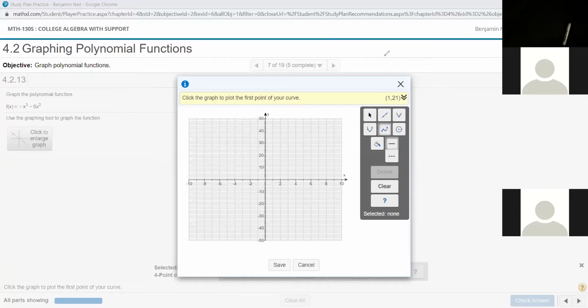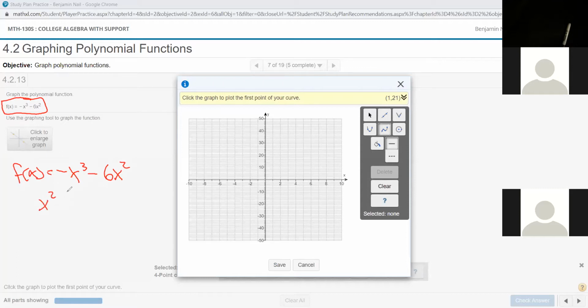Okay, again, f of x equals negative x cubed minus 6x squared. We need to know where our zeros are. If we don't know where our zeros are, we're going to have a very hard time graphing this. It's not going to look right. So again, you can use Desmos to check that out. In this case, we're going to find my zeros by factoring.